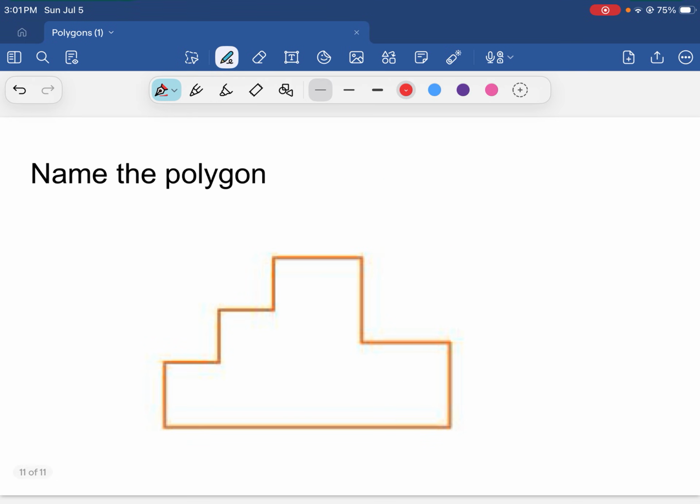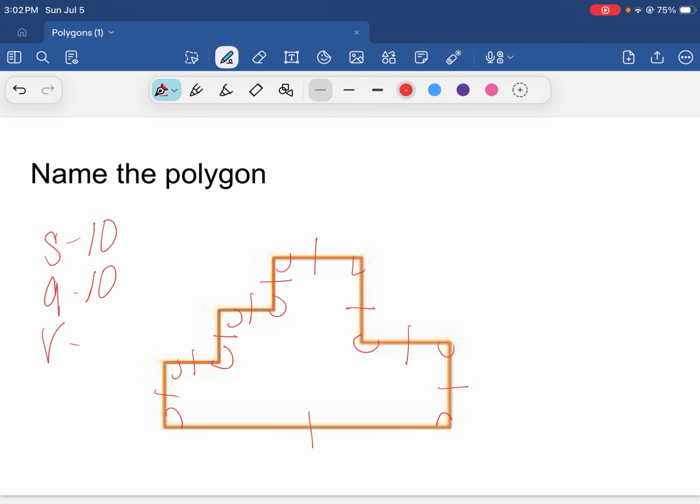Let's see if we can name this shape. Remember, we look at sides, angles, and vertices. Let's count the sides. We have 1, 2, 3, 4, 5, 6, 7, 8, 9, 10 sides. 10 angles.